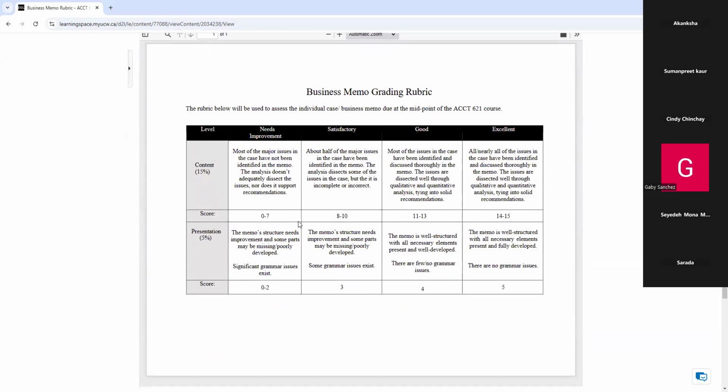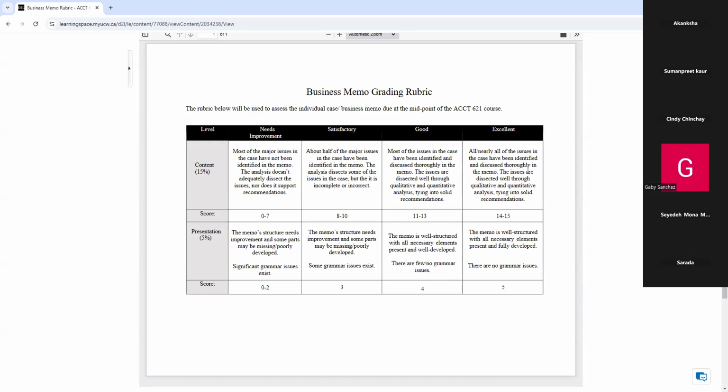Yes, sir. Okay, so if you discuss all the issues, first we have to identify the problem. Second, you have to discuss it. Last thing, how you're going to discuss it is you have to apply an analytical approach. That means you have to see if it is positive or negative.